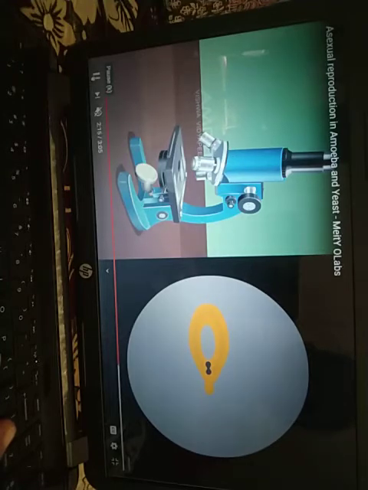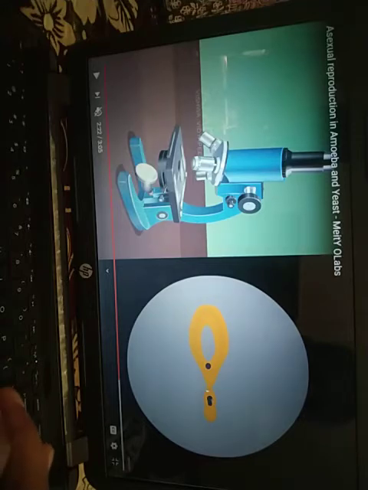You can see this portion, the bud has formed, the outgrowth has taken place. Now again this nucleus which got divided from here is dividing again, and one more bud is formed over here.